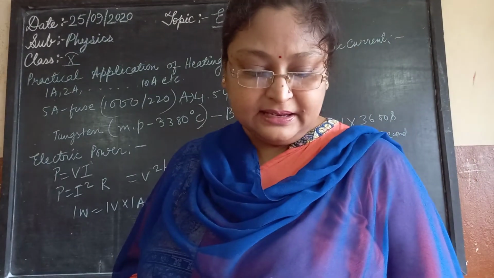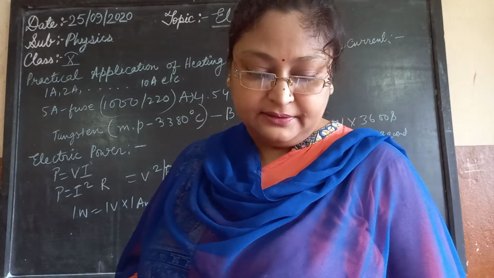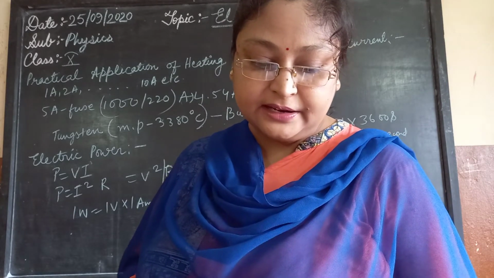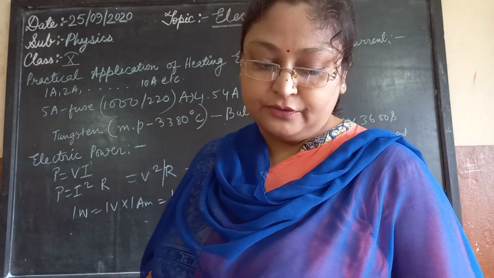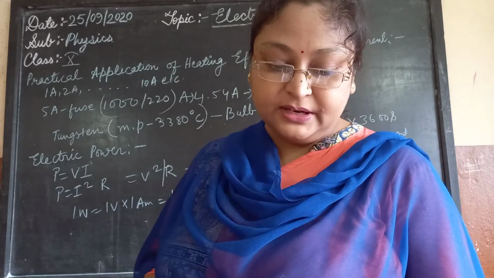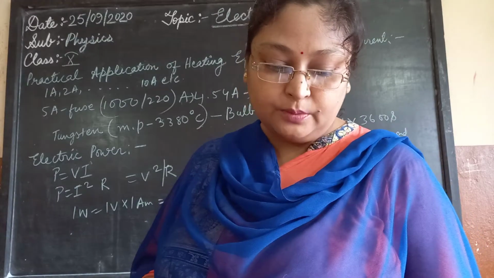Bulbs are usually filled with chemically inactive nitrogen and argon gases to prolong the life of the filament. Most of the power consumed by the filament appears as heat, and only a small amount is formed as light radiation.